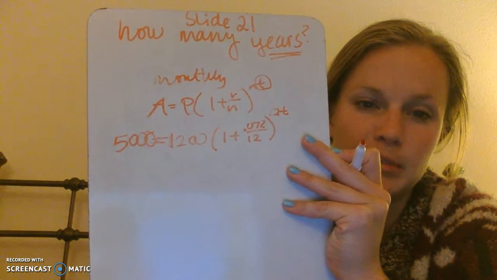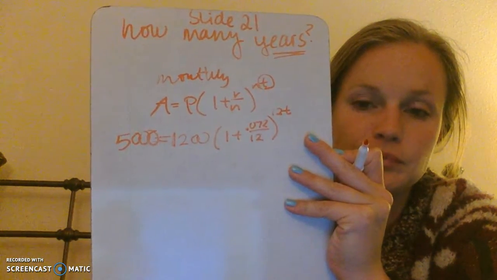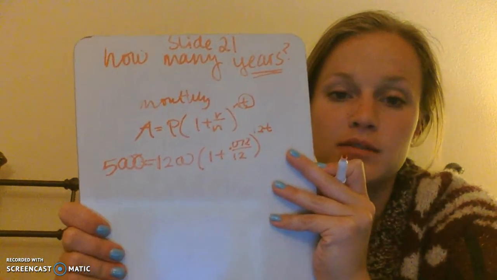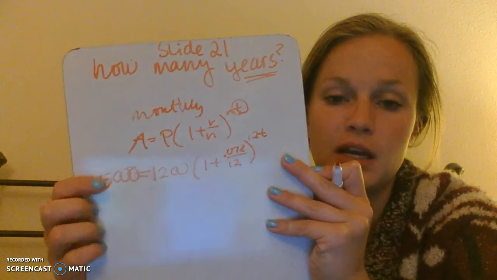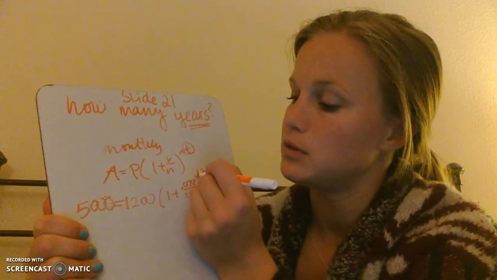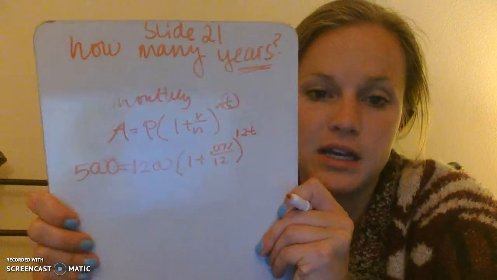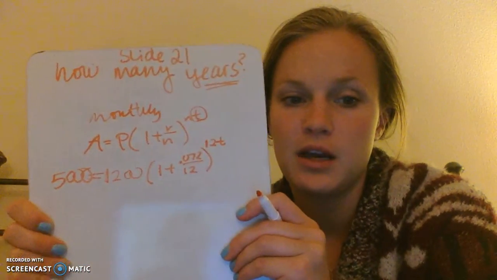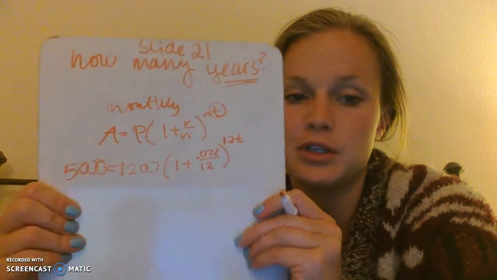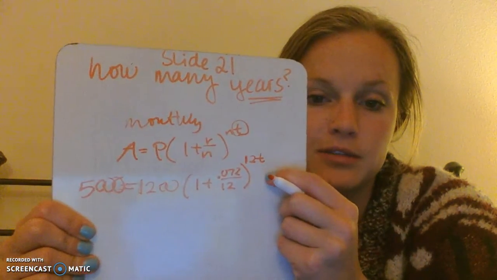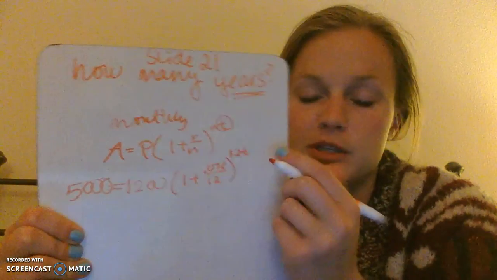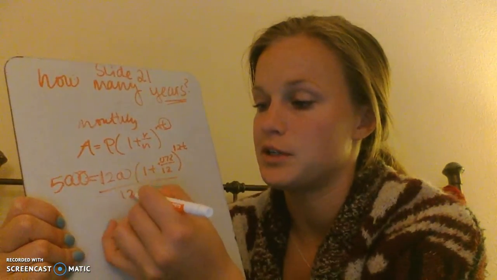I'll take the glare off a little bit that I'm solving for. To start solving this, I need to work towards getting this variable term over here all by itself. So first I'm going to divide by 1,200.